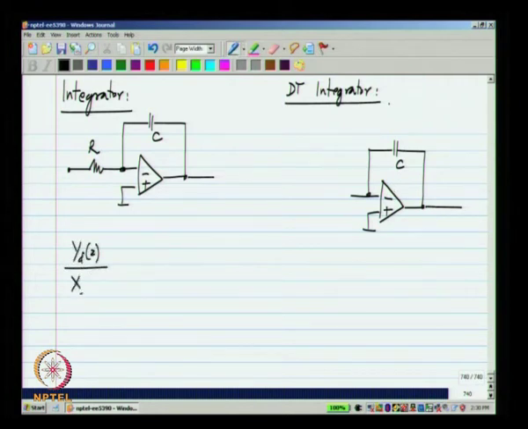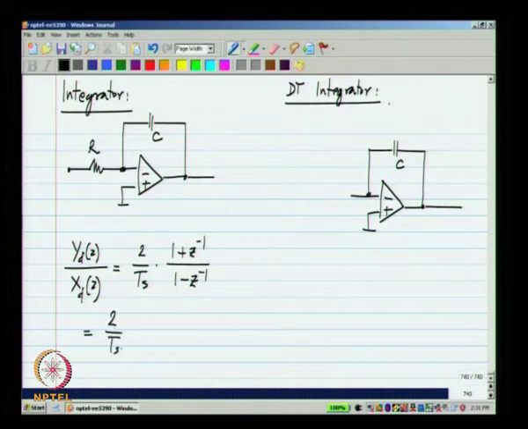Yd of z by xd of z equals 2 over Ts (1 plus z inverse) by (1 minus z inverse), which I will write as two parts, which are 1 by (1 minus z inverse) plus z inverse by (1 minus z inverse). Okay.